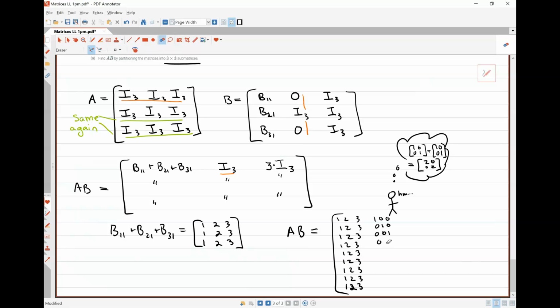Oops. Yeah, I don't know who sighed just now, but I'm writing it, you know. And then we have 3 times the identity matrix. 3, 0, 0, 0, 3, 0, 0, 0, 3.